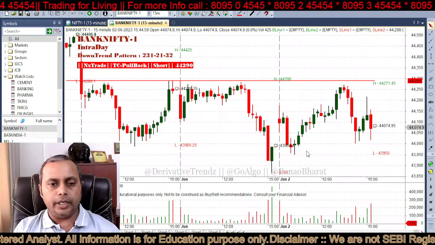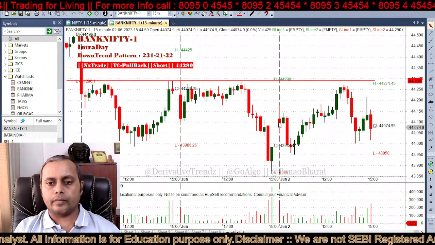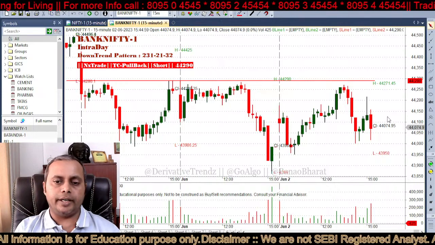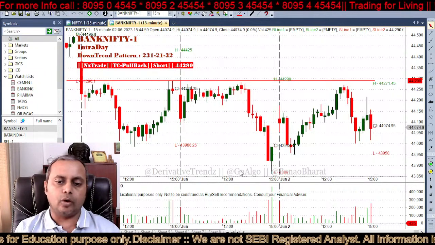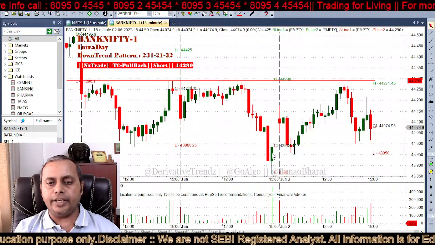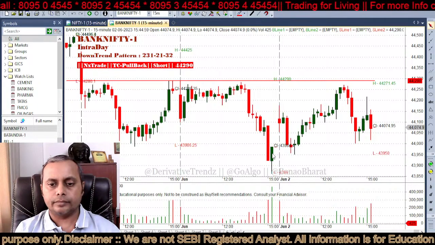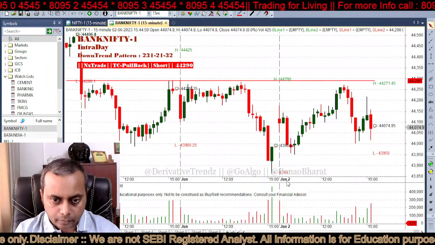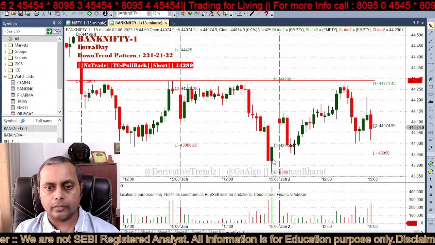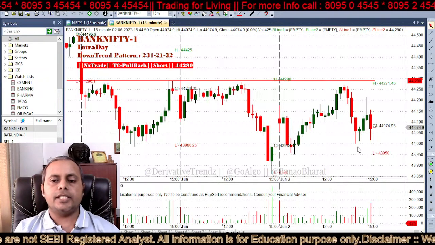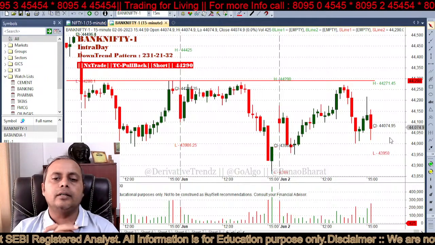Somewhat on the same lines, Bank Nifty opens at around 44,100 levels. From there on it comes down to 43,950. Yesterday's low was 43,861.